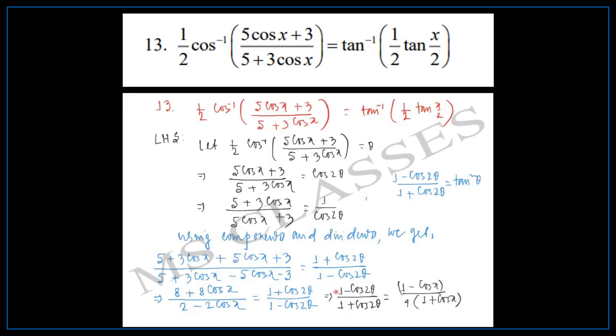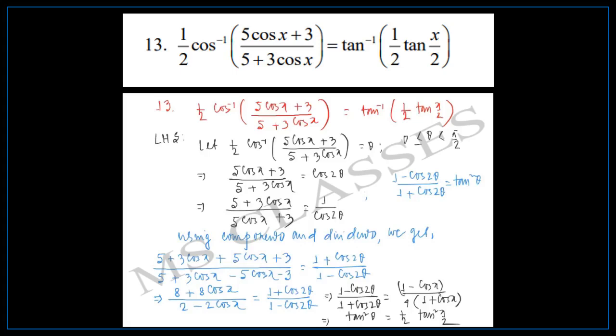Now this will give us tan square theta equal to 1 by 4 tan square x by 2. Now we are dealing with half of cos inverse of this equal to theta. So here theta should belong to what? Theta should be less than pi by 2 and greater than or equal to 0.